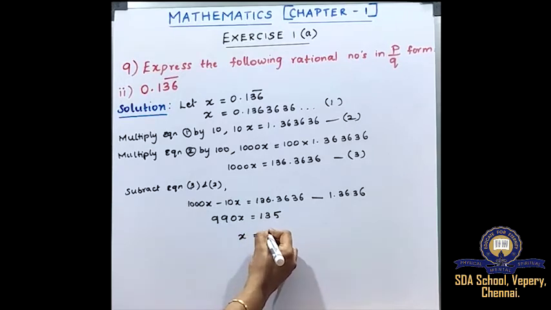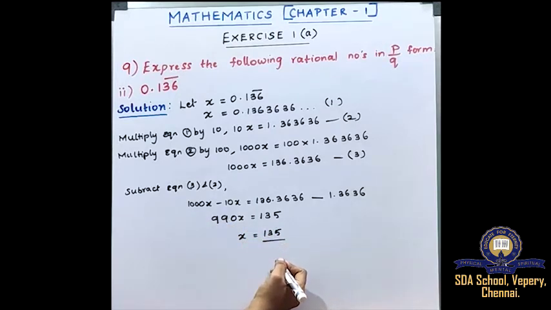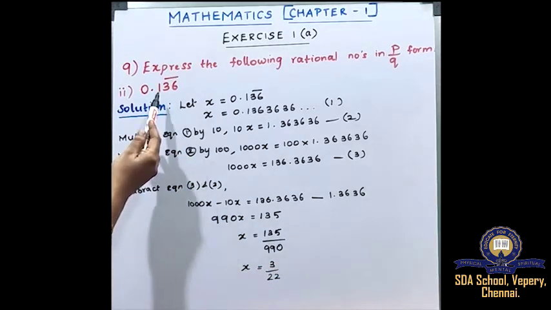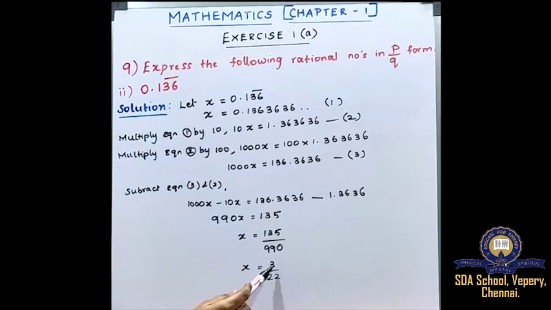So now if you bring 990 to the other side, you will get 135 by 990, right? So now if you solve this, we will get the answer to be 3 by 22. So we have represented the given question in p by q form, which is 3 by 22.